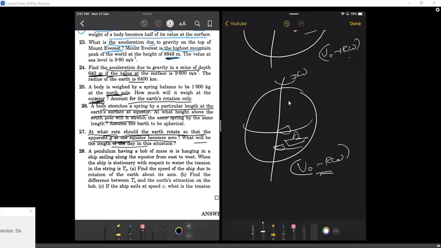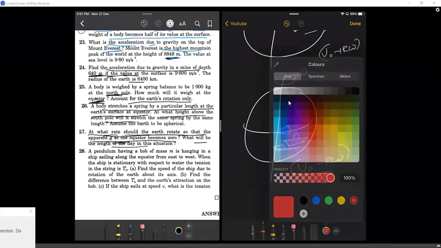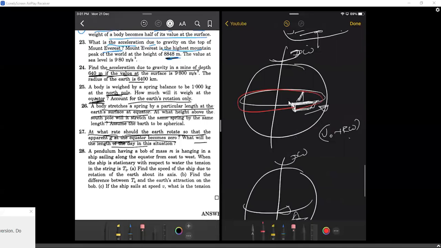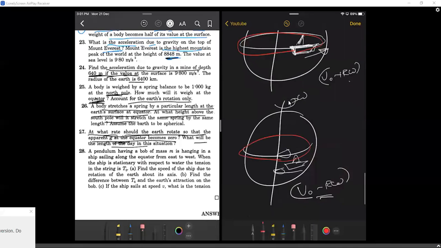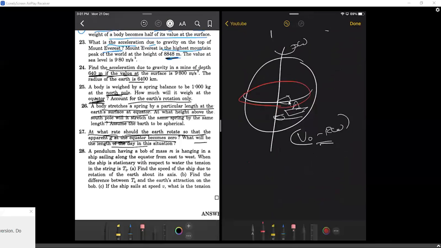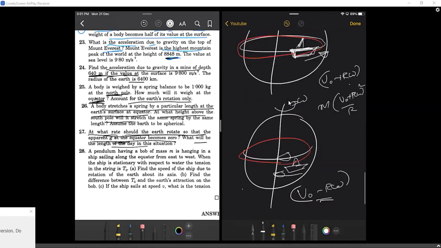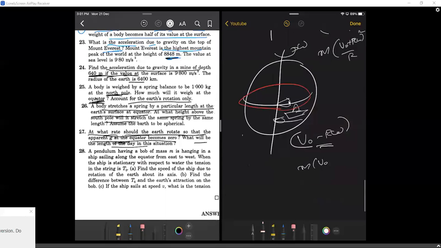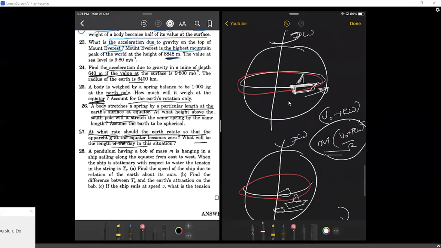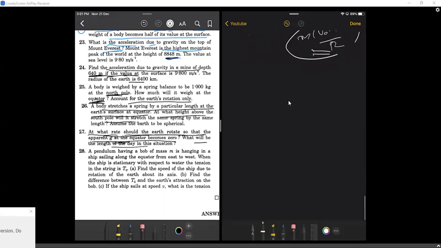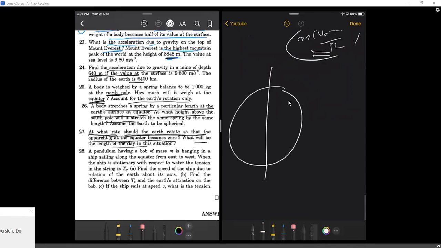Whatever the case, since the ship is going in a circular motion in both situations, you can write m v square by r. So m (v naught plus r omega) whole square by r, and here also m (v naught minus r omega) whole square by r. This is the pseudo force that is acting in both the cases. So I will write G effective now.